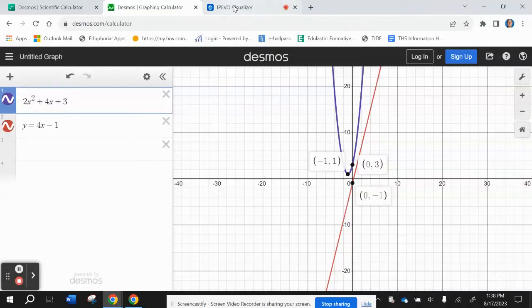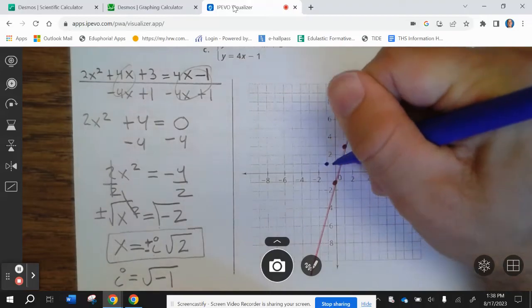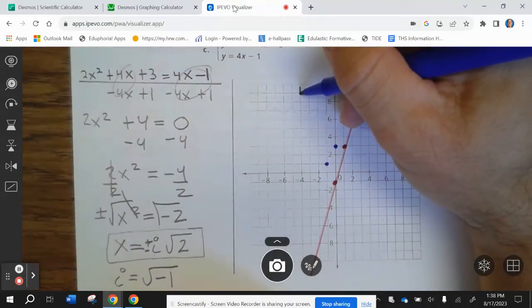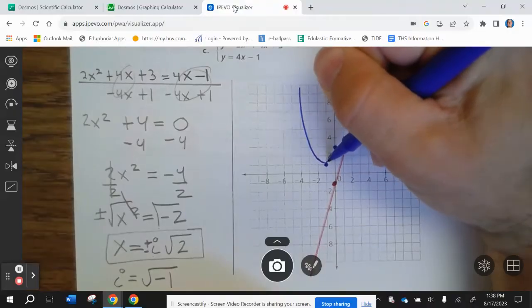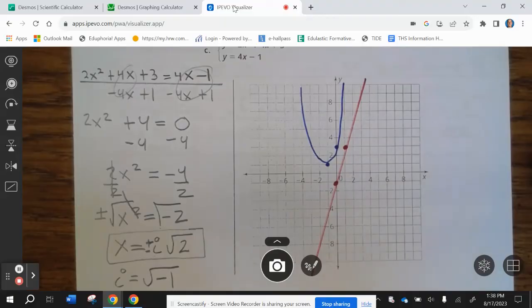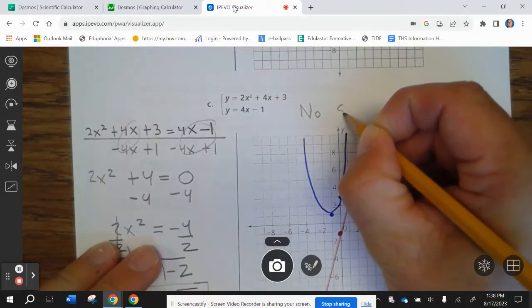So there you go. Negative 1, 1. And 0, 3. And we know the parabola is coming like this. You can see that they do not intersect, so we say that there is no solution.